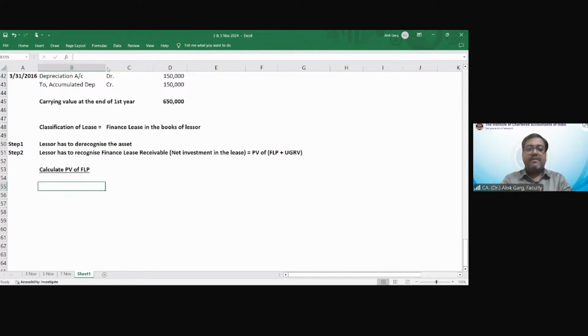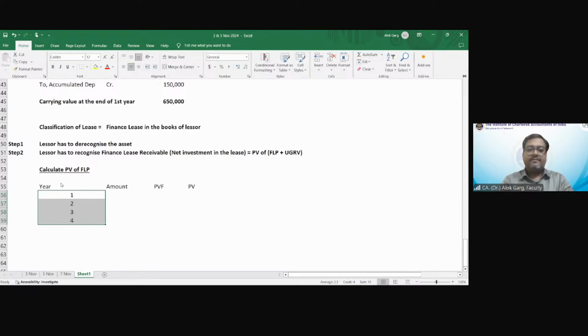What is my future lease payments? My year, amount, present value factor, present value, right? What is my year 1, 2, 3, 4? 4 years only.